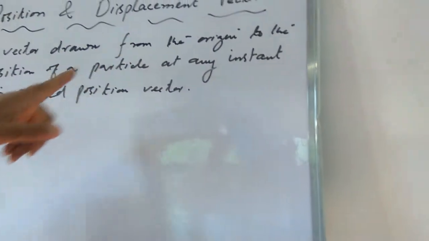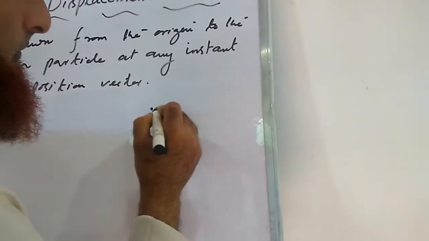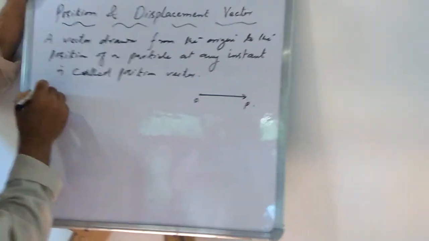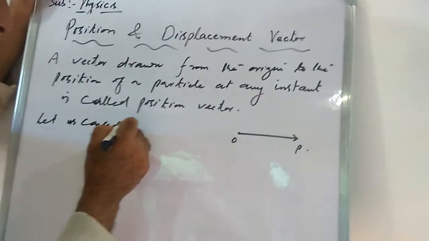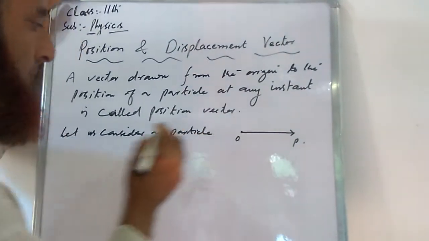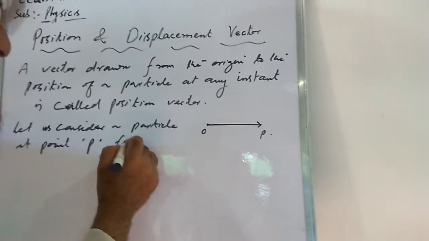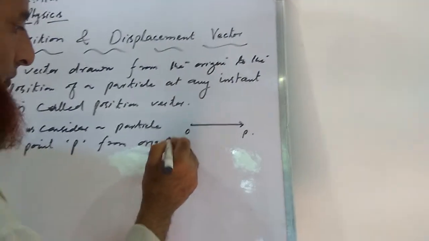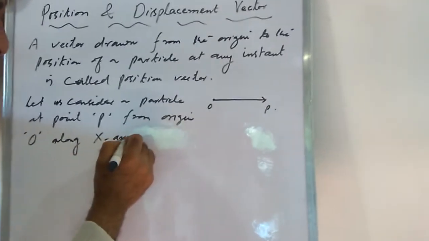A vector drawn from the origin to the position of a particle at any instant is called position vector. Let us consider a particle at point P from origin O along the x-axis.